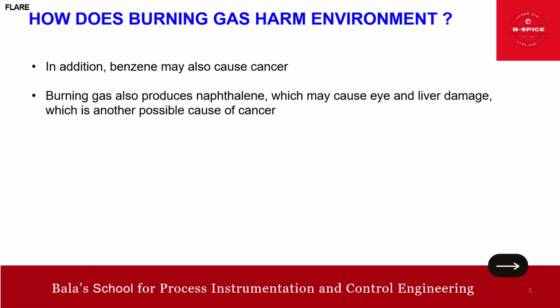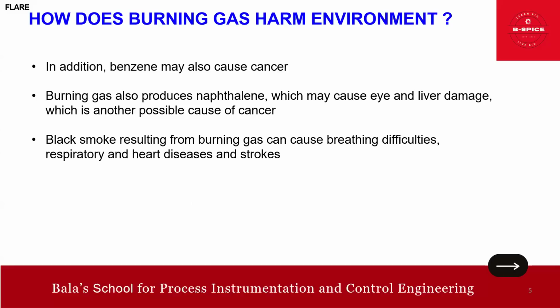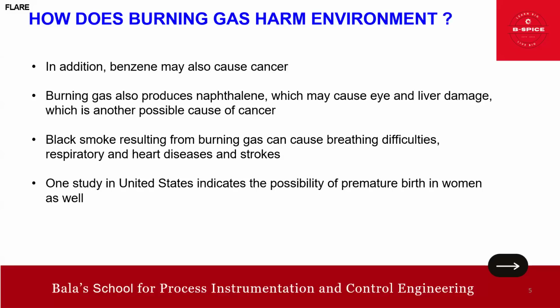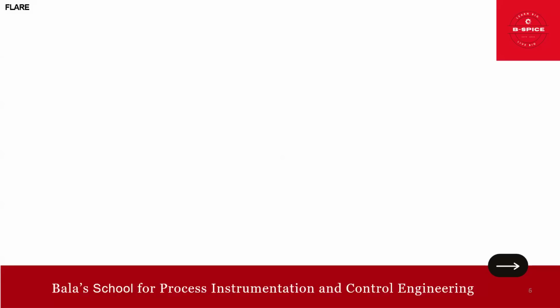Burning gas also produces naphthalene, which may cause eye and liver damage and is another possible cause of cancer. The black smoke resulting from burning gas can cause breathing difficulties, respiratory and heart diseases, and even strokes. Just remember. One study in the United States also indicates the possibility of premature birth in women. So that is the harm of burning gas to the environment.